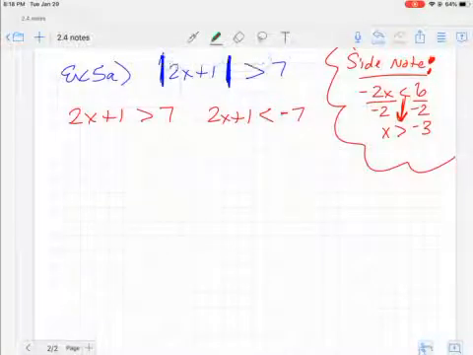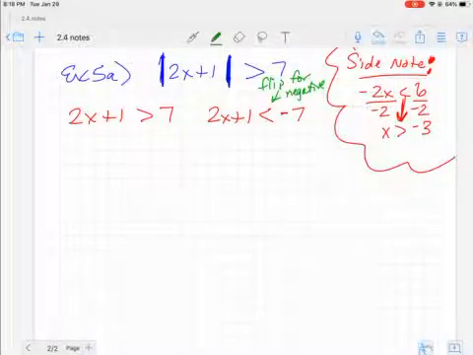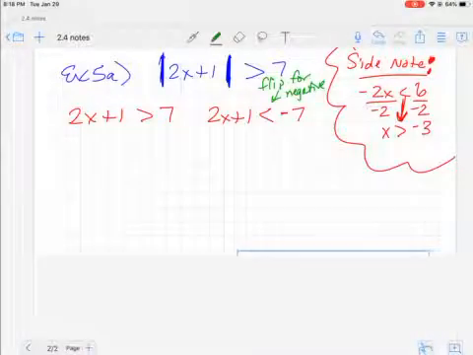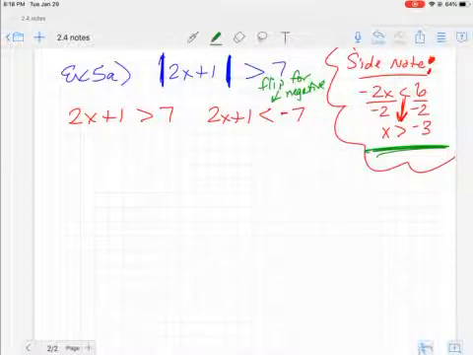You always want to come in here and flip for the negative, because it's the same thing as solving these inequalities. When you're looking at that inside being positive and negative, you just want to flip for your negative there too.